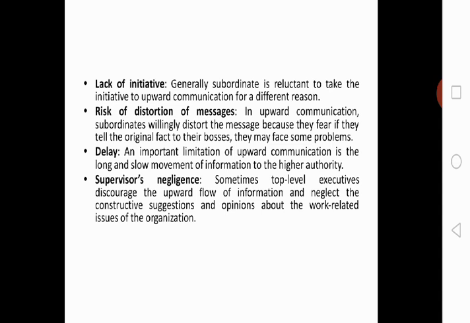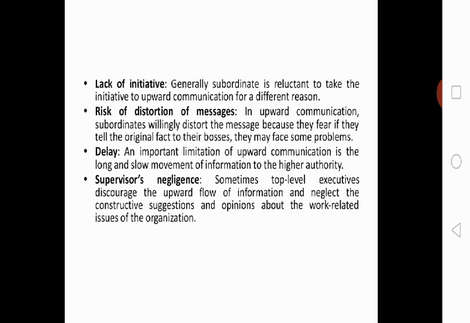Next is delay. An important limitation of upward communication is the long and slow movement of information to the higher authority. Most of the people used to face this, because if we say to the superior, he or she may think, if that person presents their subordinates' problem to the management level, will it affect the superior's position?